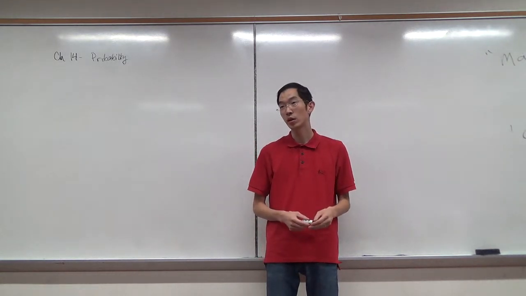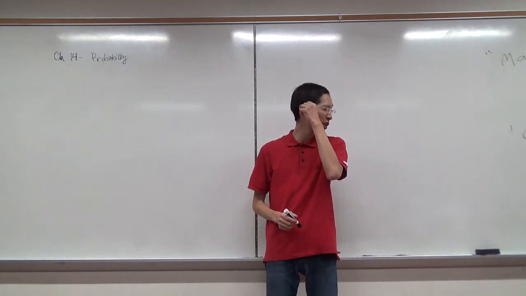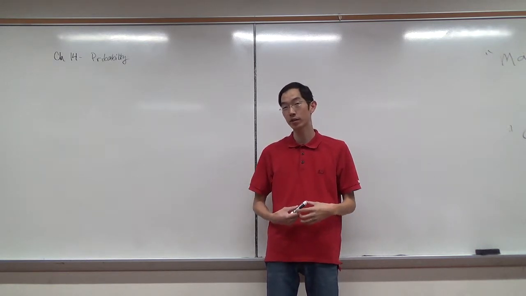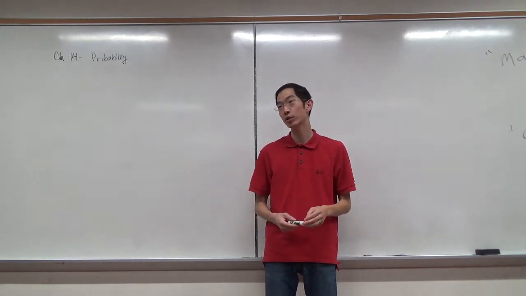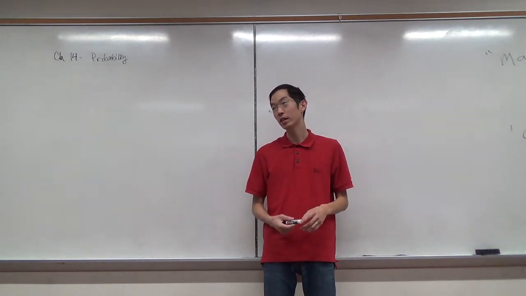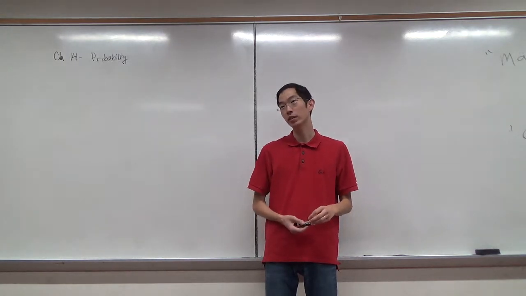Just like if I flip a coin 100 times, I will not necessarily get 50 heads and 50 tails. But I'm expecting something close to that. Is it possible that I end up getting 70 heads and 30 tails? It's possible, but it's unlikely. Okay.